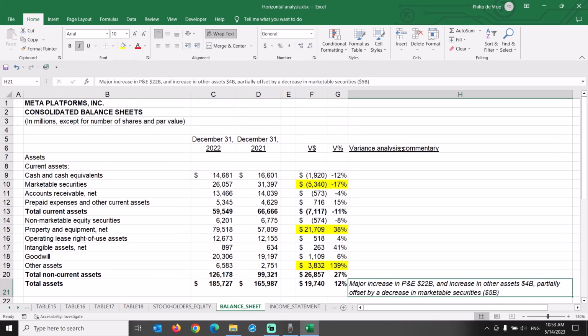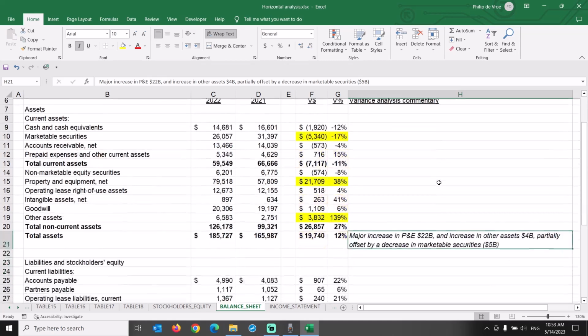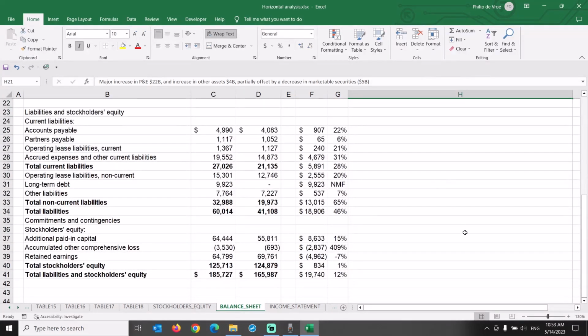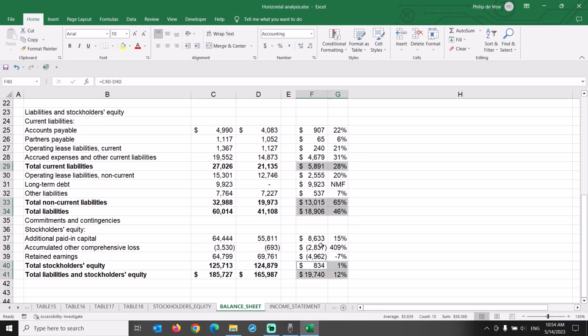Over to the liabilities and equity side of the balance sheet to continue our horizontal analysis. Let's format the variance dollars and variance percentage for current liabilities, non-current liabilities, total liabilities, equity, and total liabilities and equity in bold.